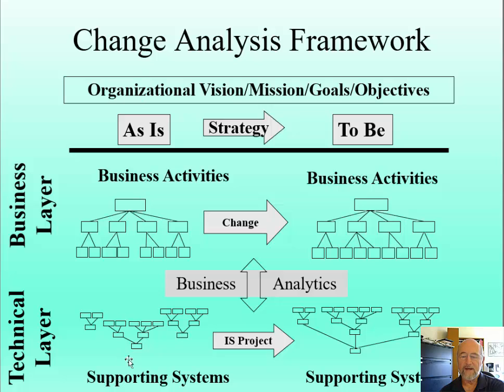The bottom layer is the technical layer. Those are the applications and the programs that are used to support the business activities. So, for example, I have them upside down here because there's going to be a meeting or a mapping of these two. That's what business analytics is all about, is how do you match the appropriate technologies to optimize their use with the business activities.